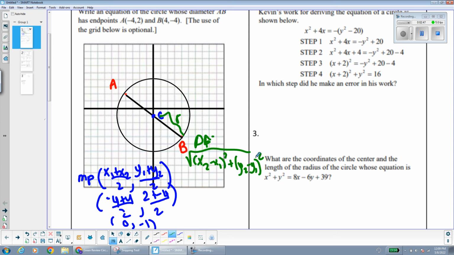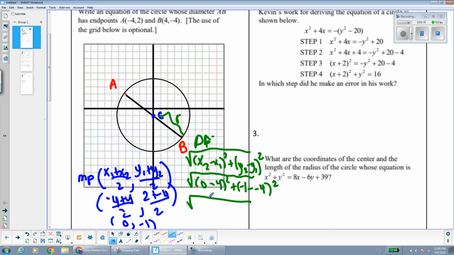Let me plug in the center of the circle, and I'll just use endpoint B since I'm over here. Both are about the same. Let me use for x2, 0, and then for x1, I will use 4. For y2, I'm going to use -1, and for y1, I'm going to use -4.